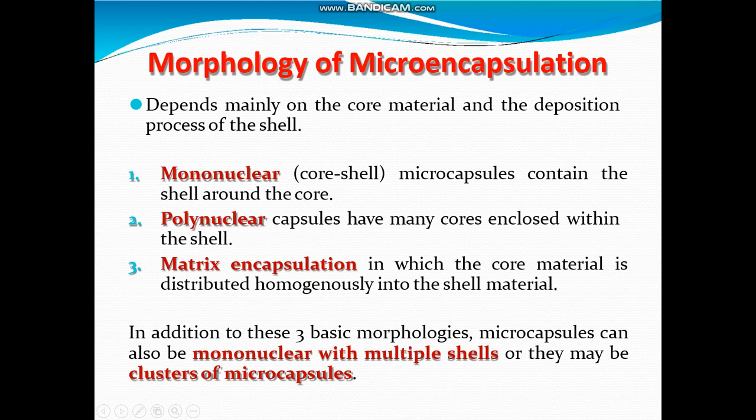The third is matrix encapsulation, where the core material is distributed homogeneously in the shell material. In addition to these three basic morphologies, the microcapsules can also be mononuclear with multiple shells, or they may be clusters of microcapsules.